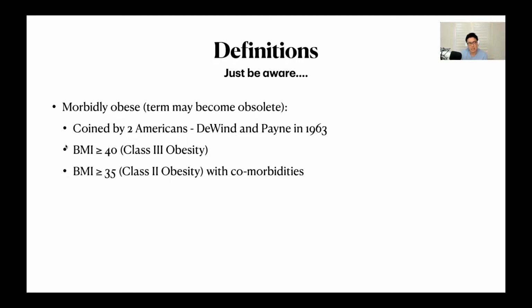But you might see these definitions for morbidly obese, which is a BMI above 40. And you might also see a BMI above 35 with comorbidities being used. These are the two definitions you'll see floating around for the term morbidly obese.